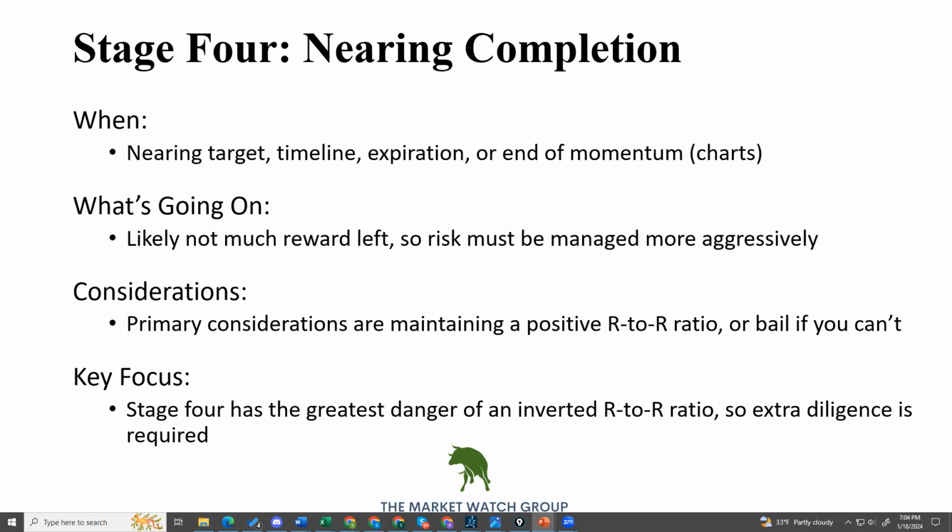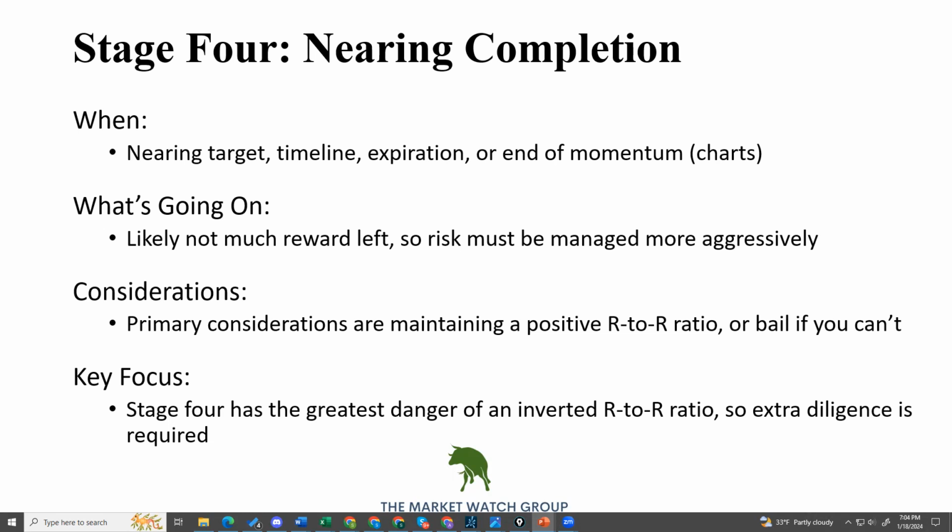You've got to maintain a positive reward to risk ratio or bail if you can't. You're done. That's one of the best things we can do: learn when it's time to be done with the trade. Key focus: stage 4 has the greatest danger of an inverted reward to risk ratio.